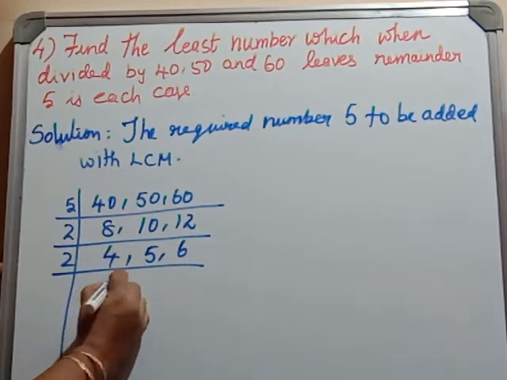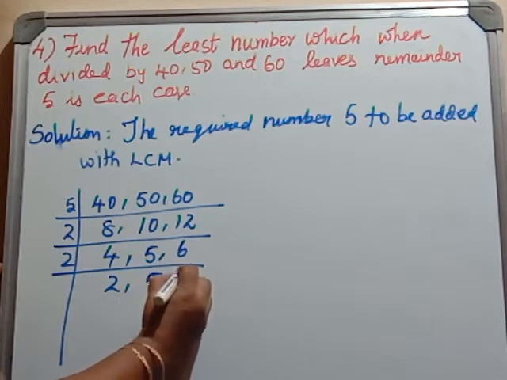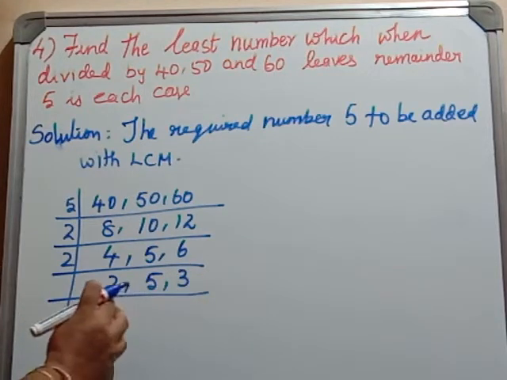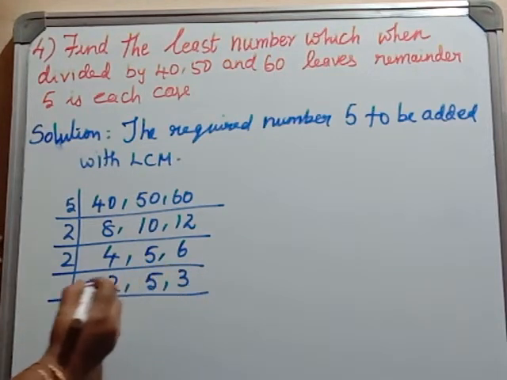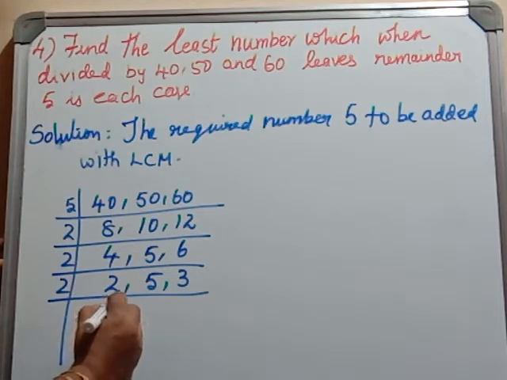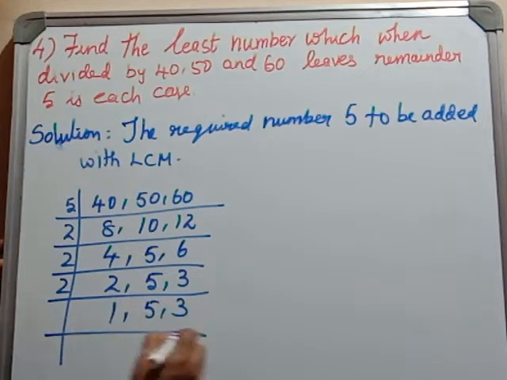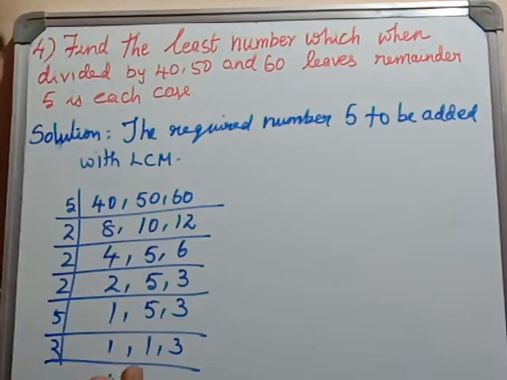Again I take 2. 2 2s are 4. 5 cannot divide, so bring it as it is. 3 2s are 6. Now 2, 5, 3 are all prime numbers. We'll take one by one and bring it to 1 remainder. 2 1s are 2, 5, 3. Now 5, 1, 1, 3. Now I'll take 3. Now we got 1 as the remainder for all the numbers.